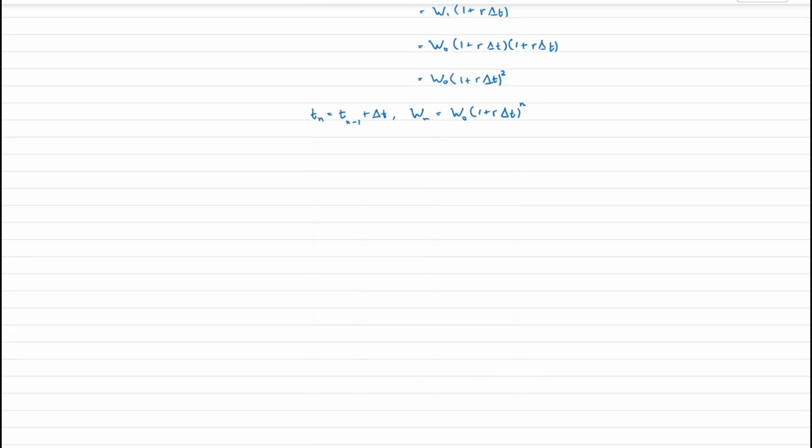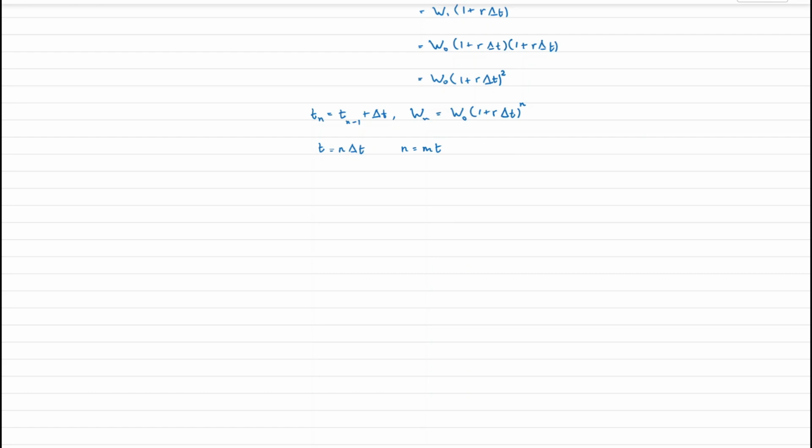However, this is not the standardized time value of money equation. We can think of R as the rate of return with units of percentage per annum, for example, 10% return per year, and n being the total number of compounding periods. So we can define t years as n times delta t, and n is equal to m compounding periods per year times t years.